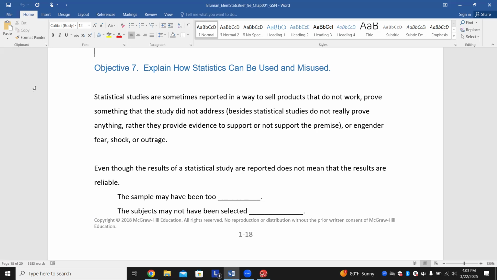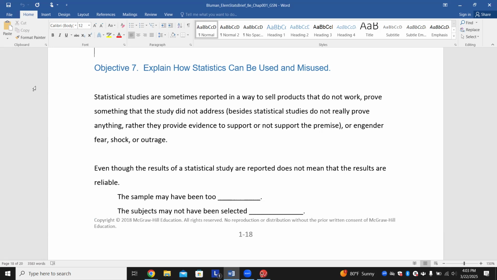So, statistical studies are sometimes reported in a way to sell products that do not work, or prove something that the study did not address. Besides, statistical studies do not really prove anything; rather, they provide evidence to support or not support the premise. Or they engender fear, shock, or outrage in people, right?